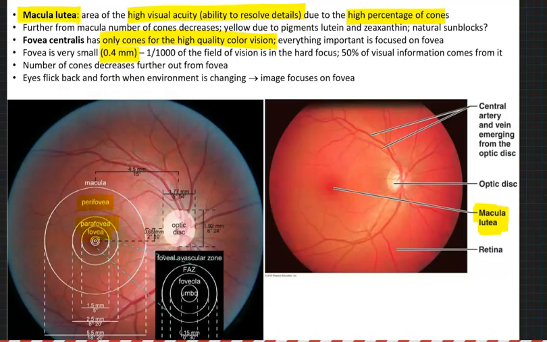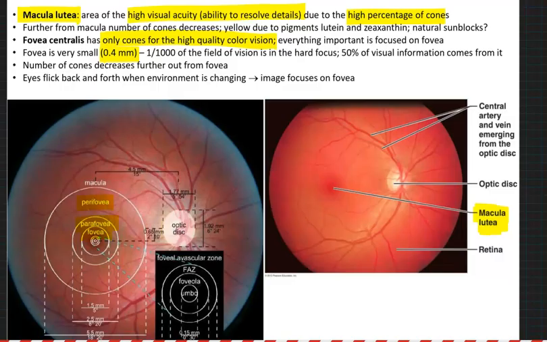So when you look at something intently, for example, if I look at the soap dispenser and the word Gojo on that soap dispenser, that word focuses specifically on fovea centralis. Okay? So this is the highest acuity.